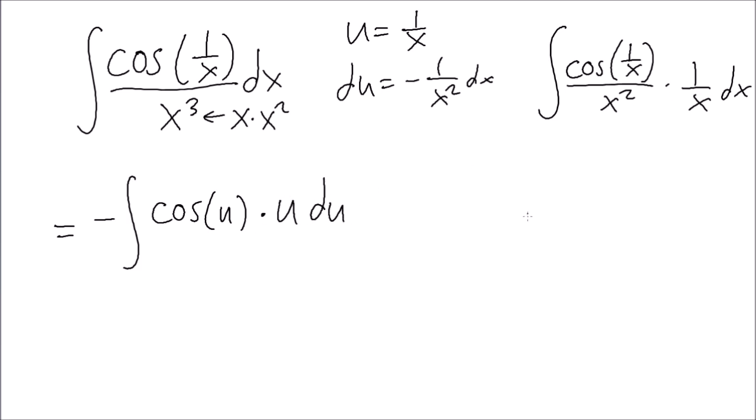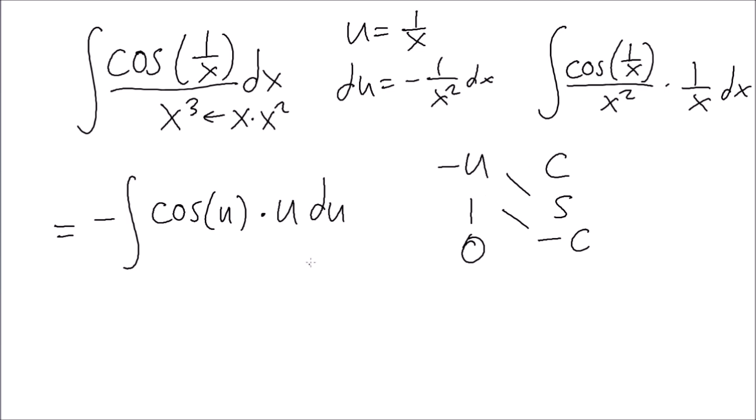And you notice this is an integration by parts integral. All right, let's go ahead and do that. Let negative u be here, we have cosine, this is 1 to 0, sine, negative cosine.